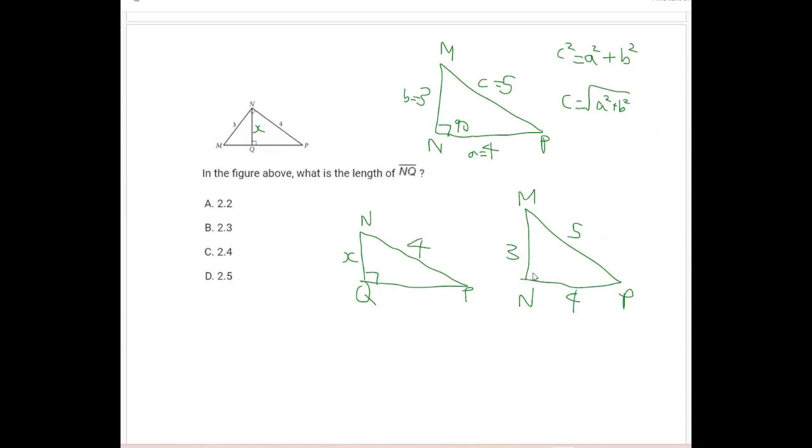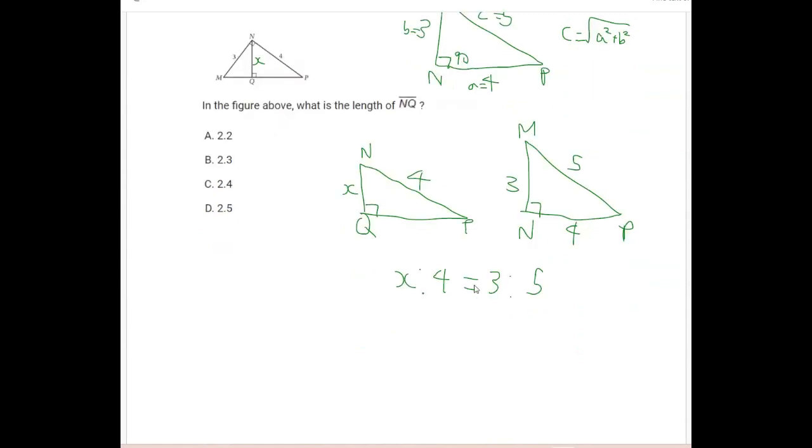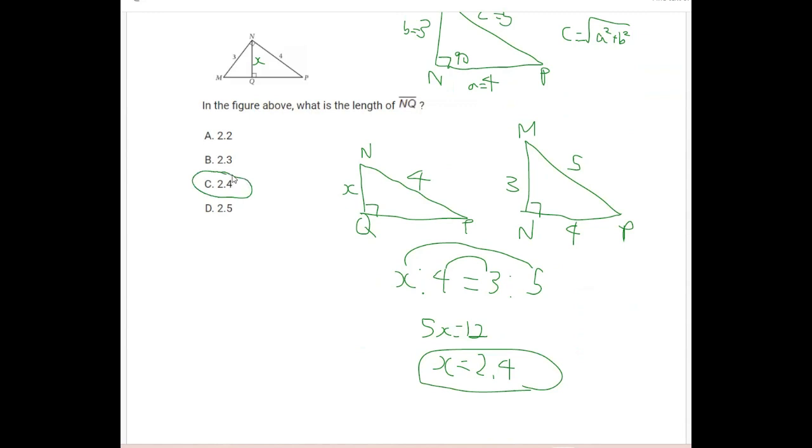Since these are similar triangles, I can set up a ratio. I can go ahead and say x to 4 is equal to 3 to 5. And I'm going to multiply like this. So we get 5x is equal to 12, and x is equal to 2.4. So C is the correct answer.